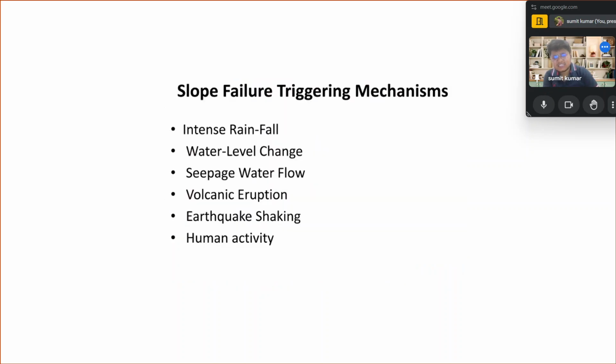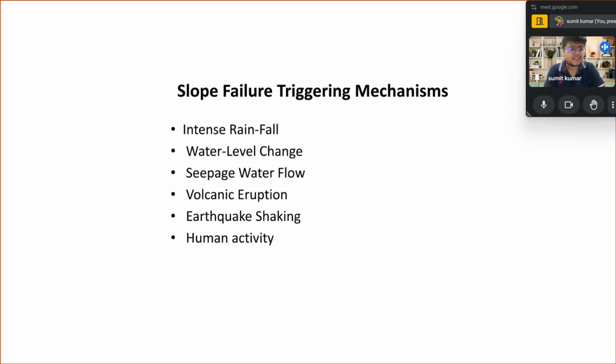Now, when you see the slope failure triggering mechanism, there are some mechanisms which will lead to triggering the slope failure. The first one is intense rainfall. As we know, and as it is already said in various reports, when the rainfall takes place, the water table rises, not only in the plain surface but also in the mountainous region. That will lead to the creation of pore water pressure, which will result in a decrease in the effective stress.